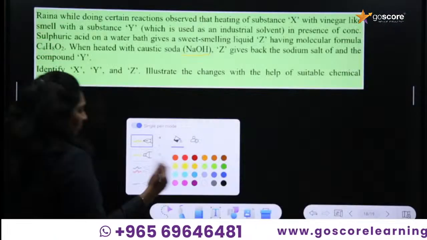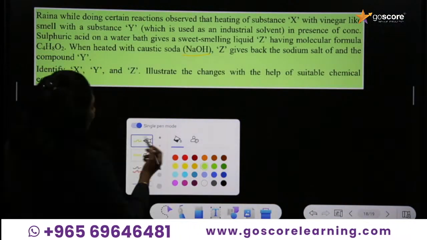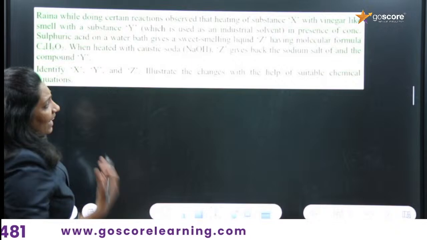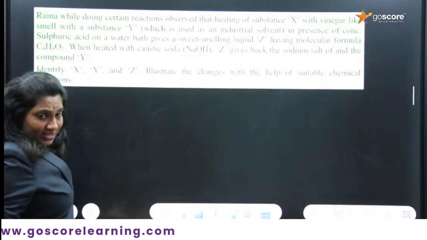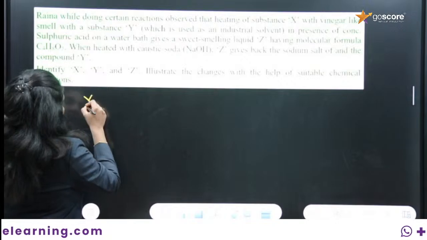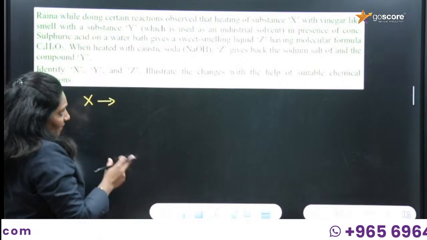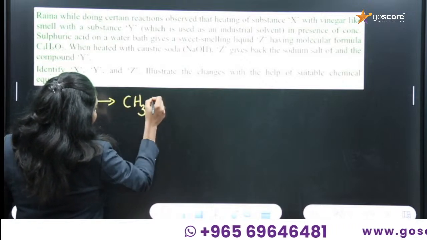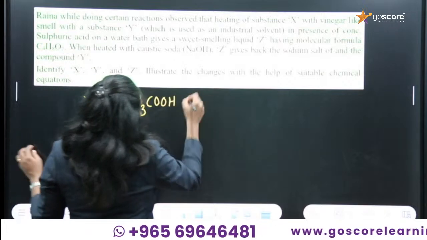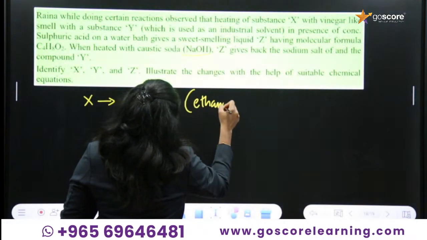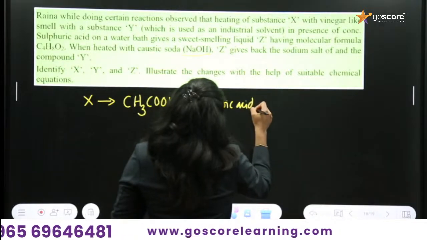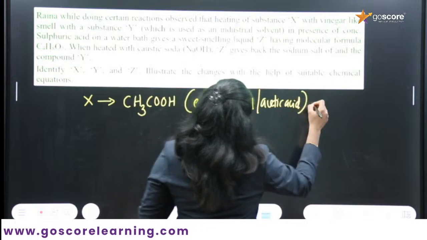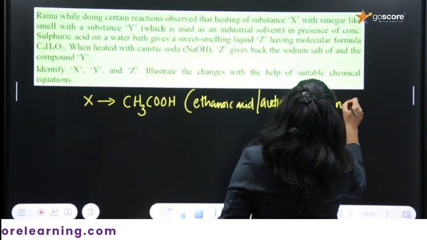So while I am reading the question itself, you got what is X and what is Y, right? Okay. So here clearly given that X is a vinegar-like smell substance, right? So we can say from the given data, the vinegar-like smelling X can be what? Acetic acid or ethanoic acid, as it has a vinegar-like smell.